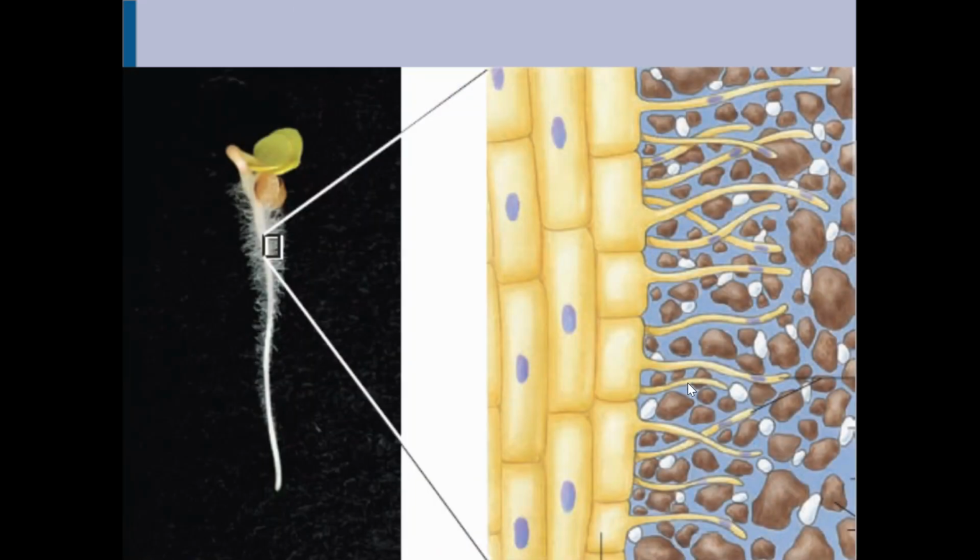And each root is covered by a root cap. So this is a root cap, and this root cap will protect the apical meristem.